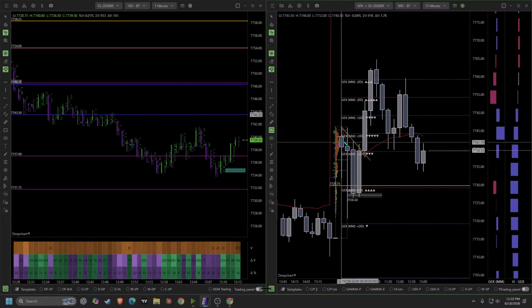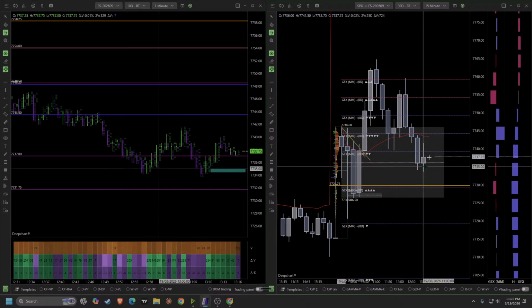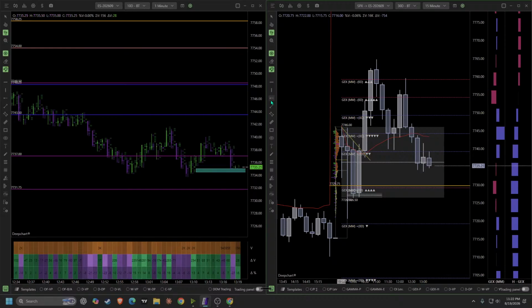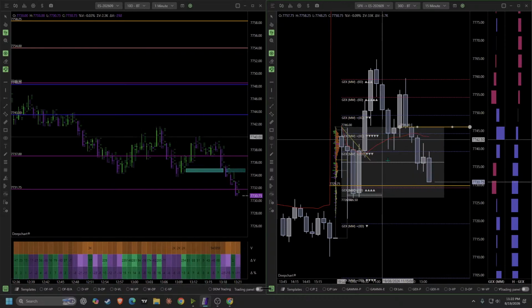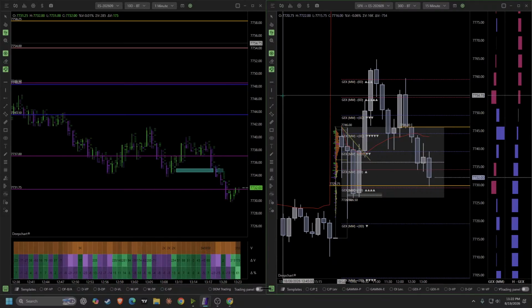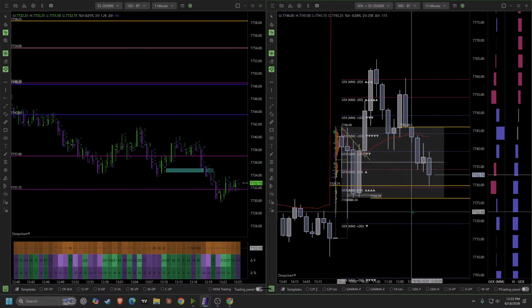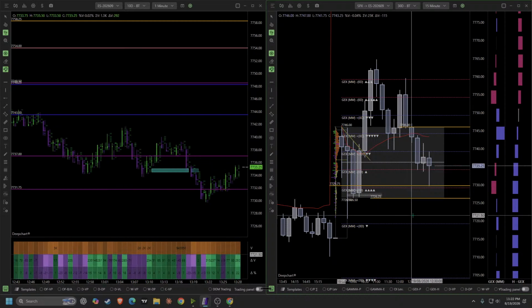We look on the 15-minute range, this high that put in this low, we retrace 50%, and we're probably going to come back to here before we go down to here. And that's just off market structure.